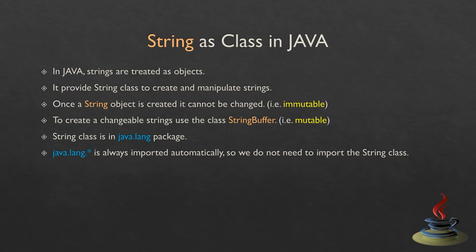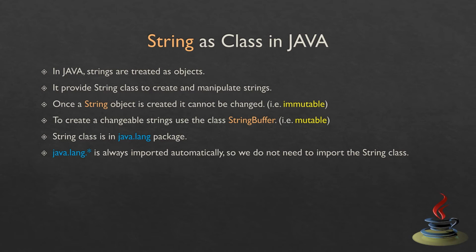Okay, so in your Java program, a string is always represented as an object. In Java there is a String class. Due to this reason, string is a class. That is the main reason that S is capital.